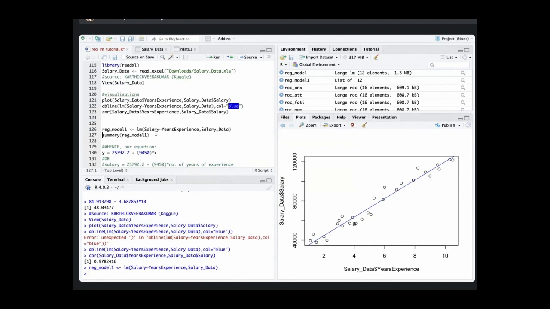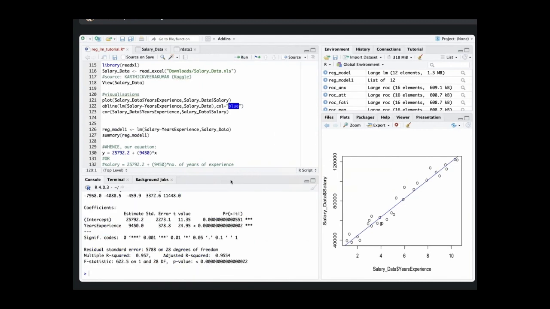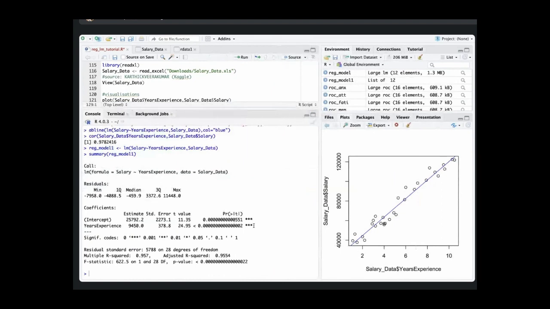So this is stored in this variable called rec mortal1, and now just to see our results, we can run summary, right? Again, R tells you that the relationship is significant to a very high extent, where it's much less than 0.001, and it tells you that a person with no years of experience, 0 years of experience, has a salary of 25,792, which is our beta naught, right?